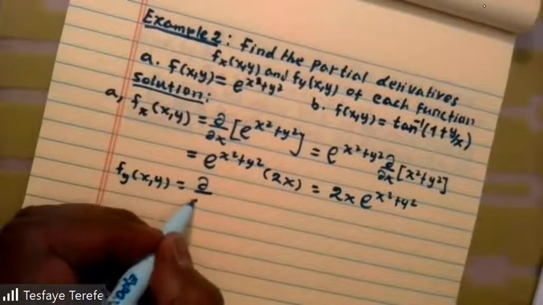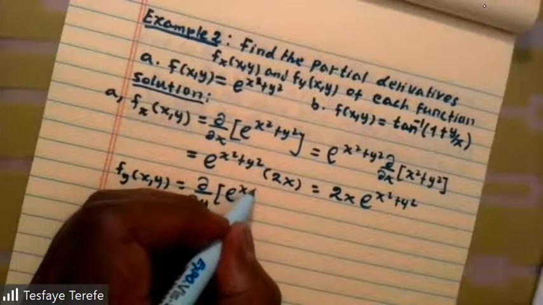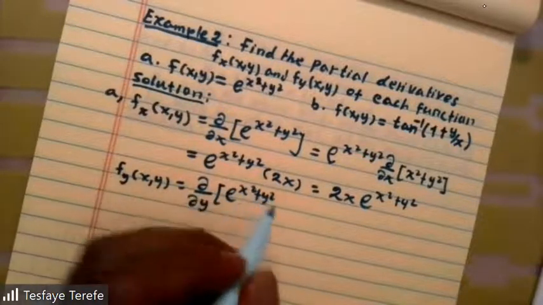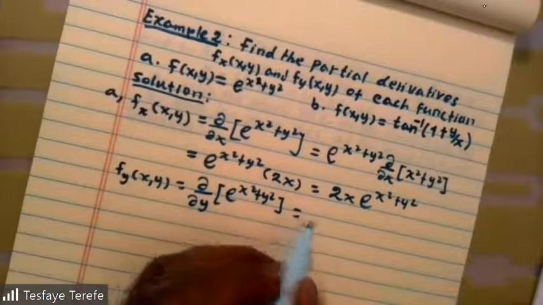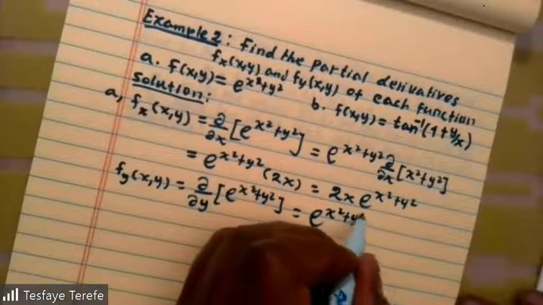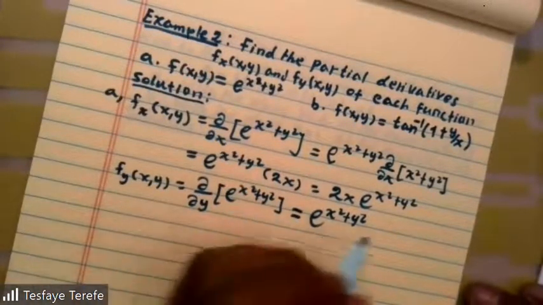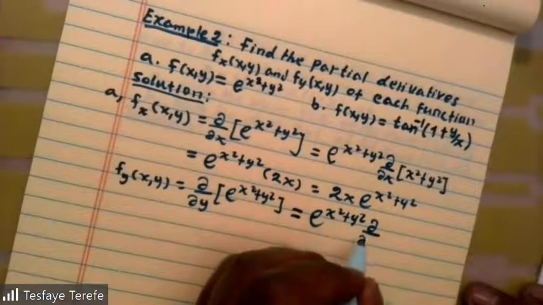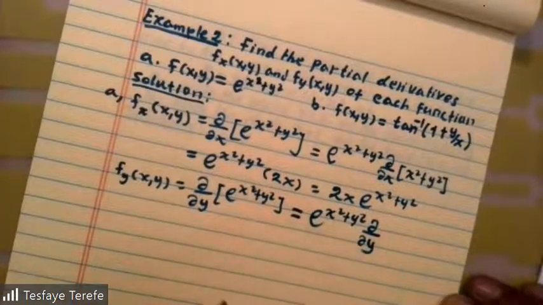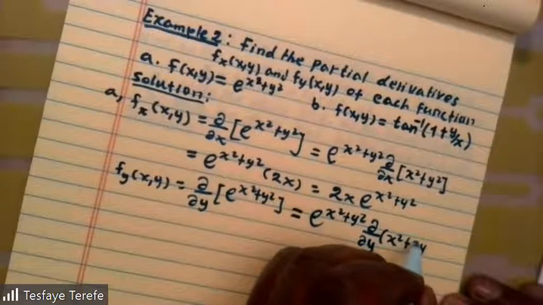And then the partial derivative of this function with respect to y will be the same thing. We are differentiating this time with respect to y the function e raised to x squared plus y squared, using chain rule. The derivative of the natural base exponential function is the function itself times d/dy of x squared plus y squared.